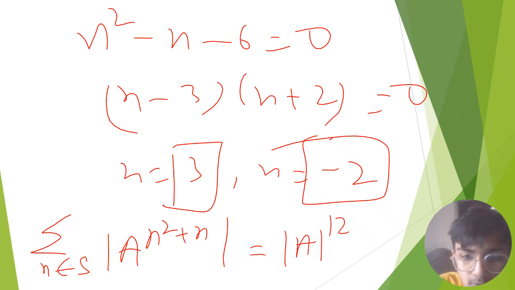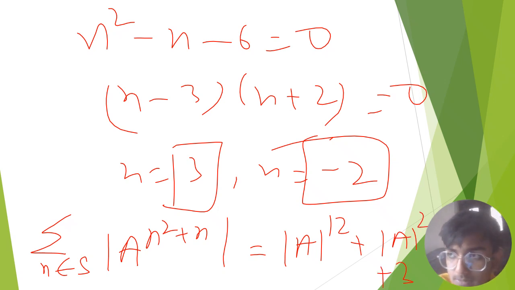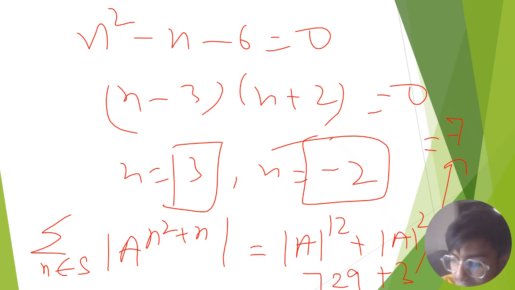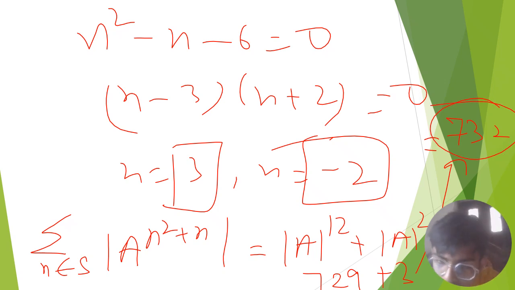And this will be root 3 power 12, that will be 3 power 6, 27, 729, that is 732. Clear? Done? All set?